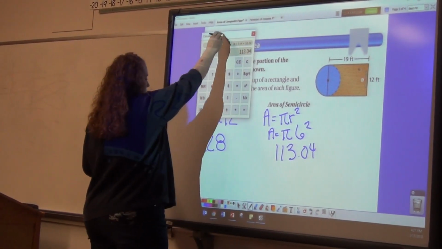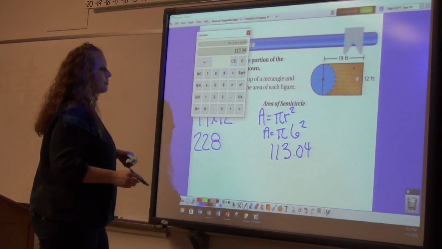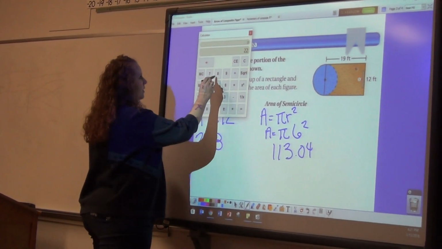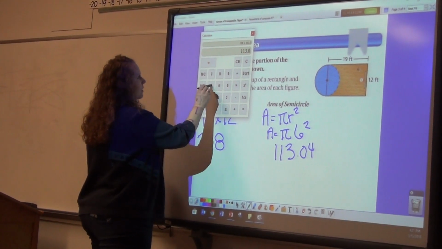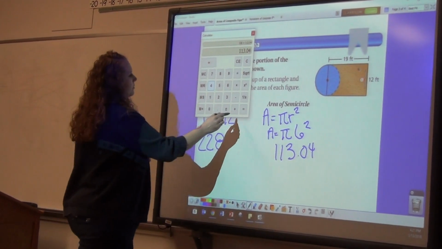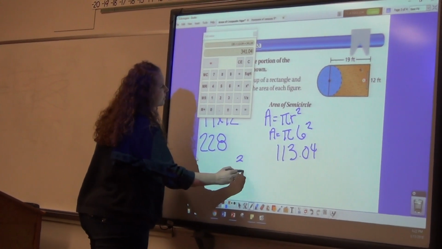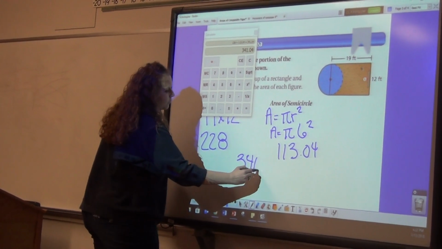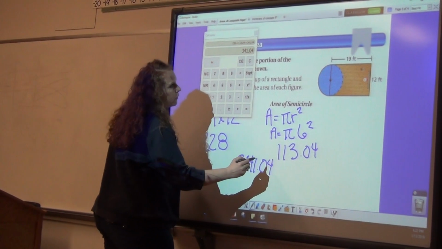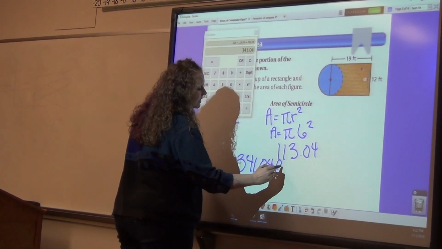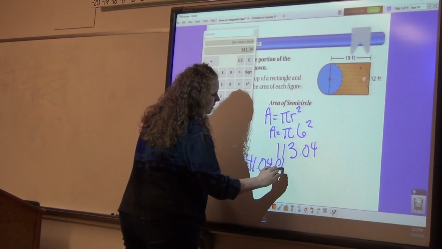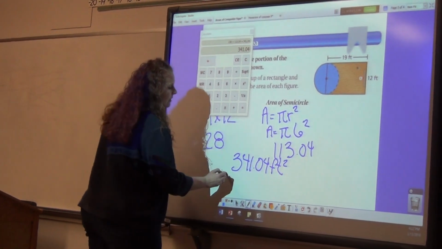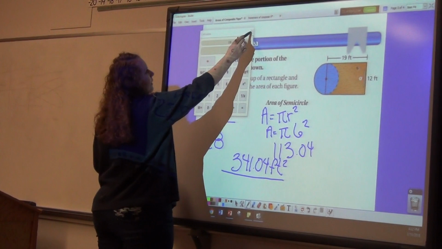So then we need to add those together. 228 plus 113.04 is 341.04. We are in feet, and since it's area, we have to square that. So there's your answer right there.